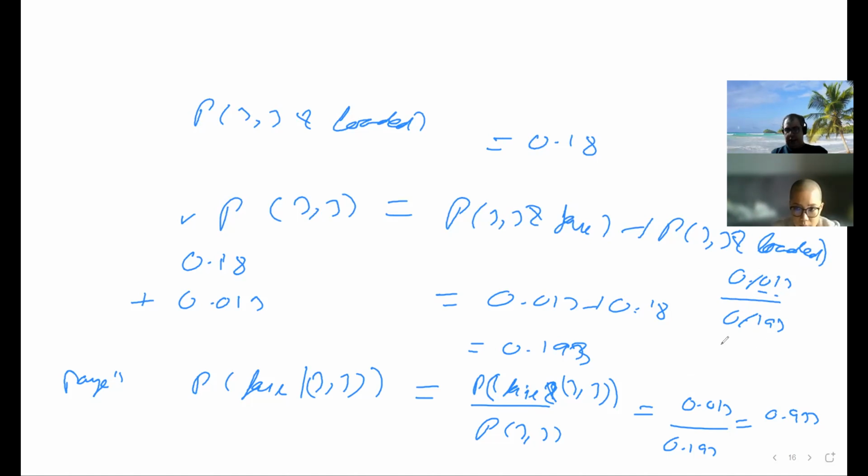So 13 by 193. I keep getting a different number. What am I doing wrong? Oh, sorry. 0.067. My apologies. It's 0.067. Is it right? Yes.